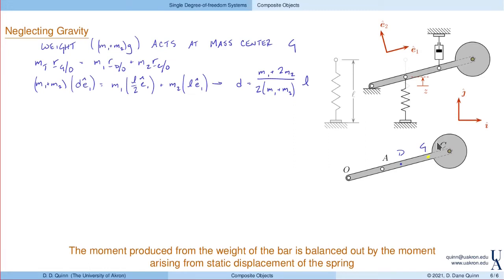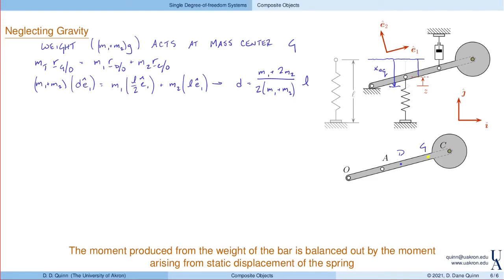So now let's look at the spring force as measured from the unstretched position of the spring. Right? So here in this picture, basically I have this spring, and in its unstretched position, maybe it has a length of L. Okay, so let's measure then the stretch in the spring. Well, the static equilibrium stretch is X_0.